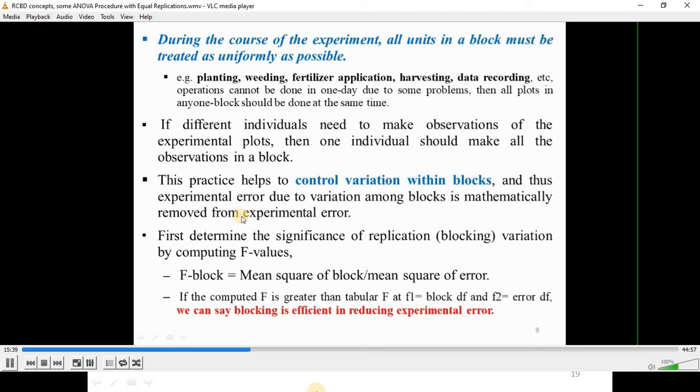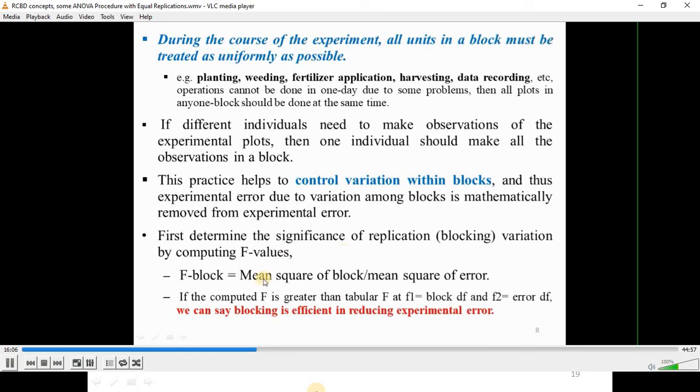And this practice helps to control variation among blocks, and thus experimental error due to variation among blocks is mathematically removed from experimental error. First, determine the significance of replication or blocking variation by computing its value in order to see the block efficiency.